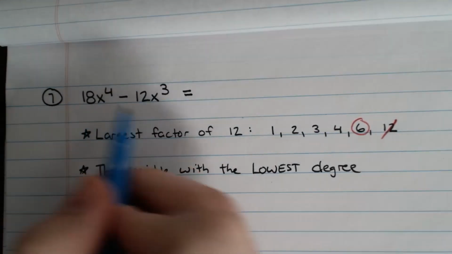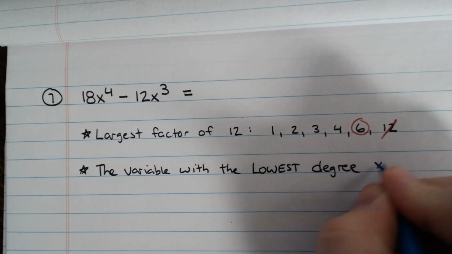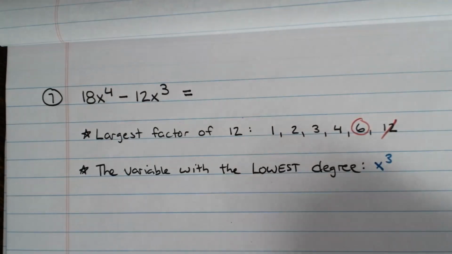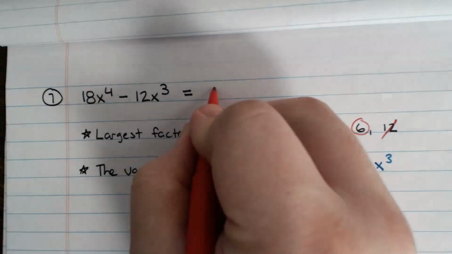So between x to the 4th and x to the 3rd, x to the 3rd is the lowest degree variable there. So our GCF is 6x cubed.